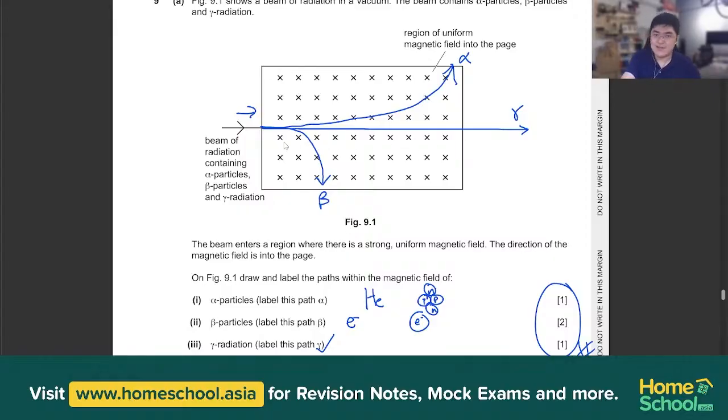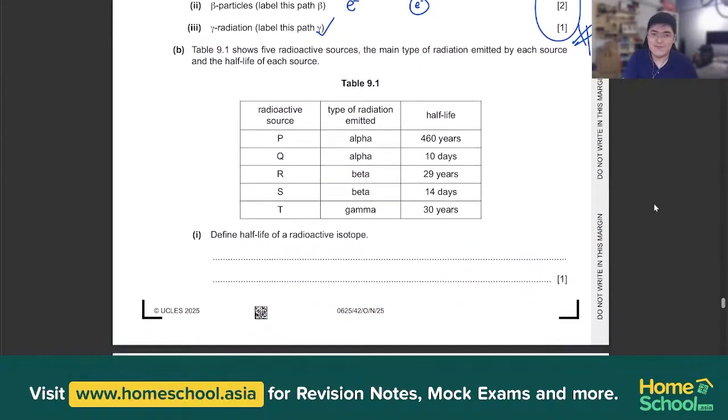Most importantly, the alpha particle will be affected less than the beta particle because the alpha particle is a lot heavier and more massive. As for inertia, the amount of force is the same, so the alpha particle is pushed less compared to the beta particle. All right, let's move on.